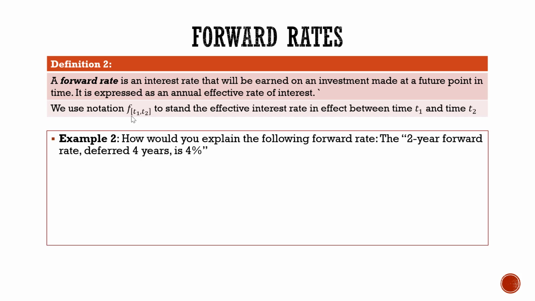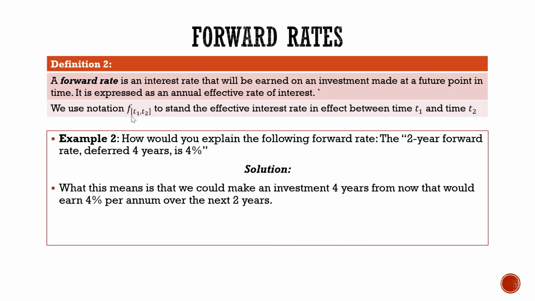This terminology means that we could make an investment 4 years from now that would earn 4% per annum over the next 2 years. So suppose you invest $10,000 at time 4, then at time 6, the accumulated value should be 10,000 times 1.04 squared.